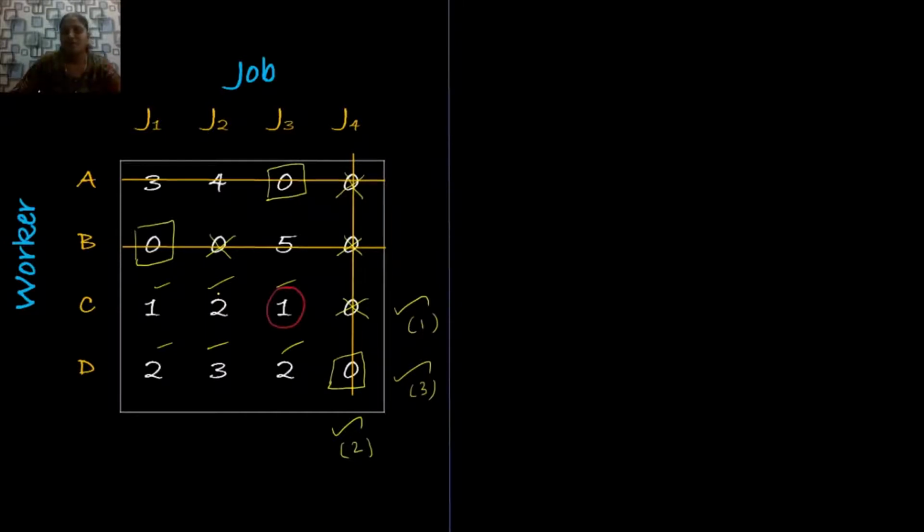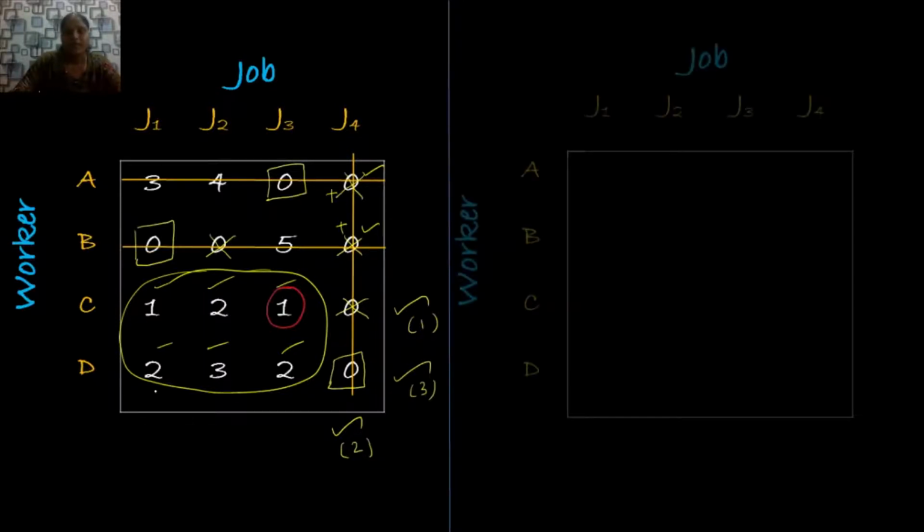What we are going to do next is add 1 to the points of intersection of the straight lines. At these two positions, you have to add this minimum element, because 1 is the minimum element. For these two positions alone, we add 1, and we subtract 1 from all the uncovered elements, and you leave the remaining elements as they are.